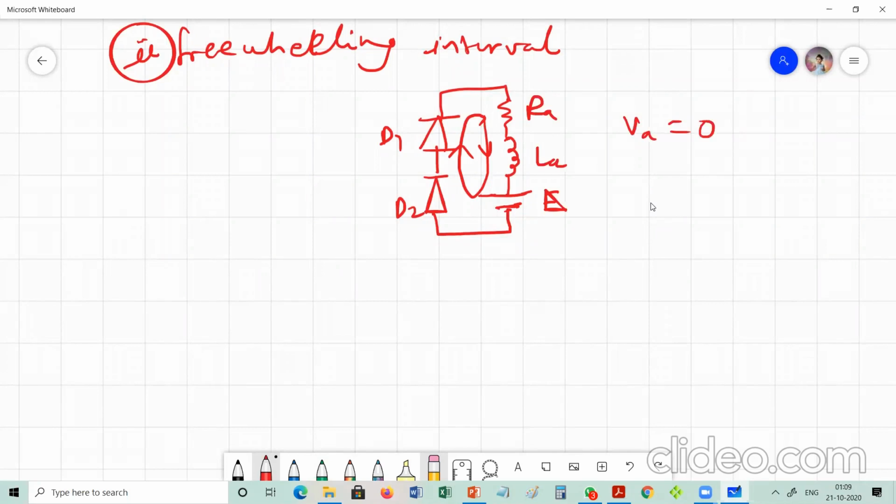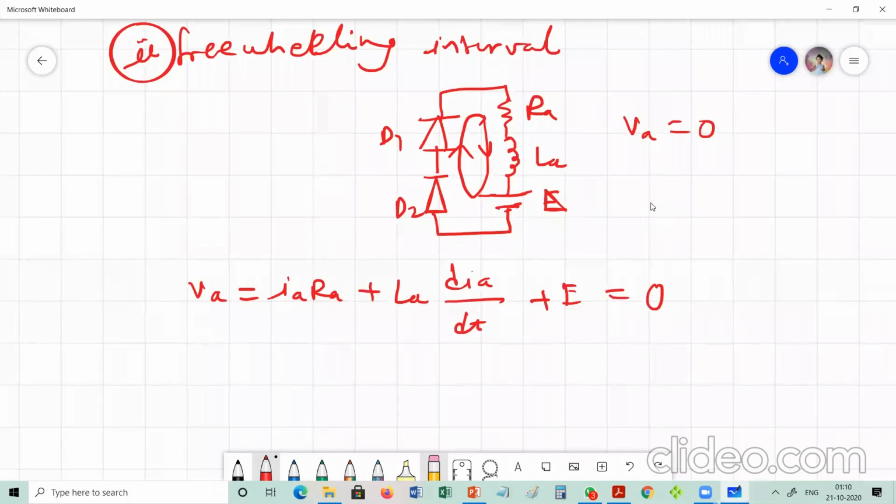So we can write the equation: VA equals IA RA plus LA dIA/dt plus E equals 0. The current is IA, the voltage drop across resistance is IA RA, the EMF induced in inductance is L dI/dt, plus back EMF E, and their addition equals the armature voltage, but it is 0.